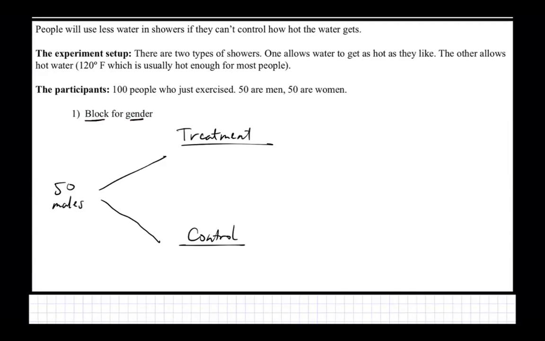Treatment being 120 degrees, that's it. Control being you can literally control the shower as it goes. Or should we flip them? That's a good question. Does it matter which one's which?